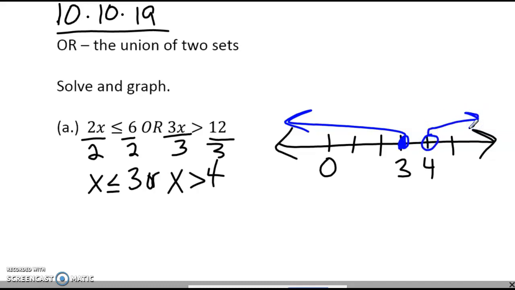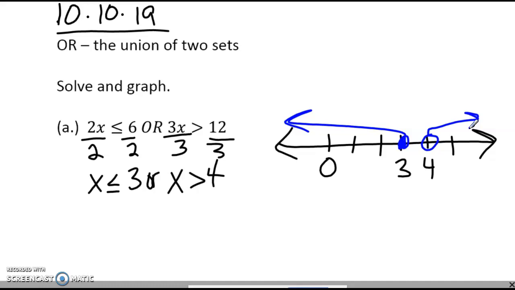So no intersection, no messiness in this graph. We're saying that any of the two parts of that solution, of that graph that we have identified, would be a solution to our inequality. So make sure you're getting this graph written down. And let's talk about how either of these would work.